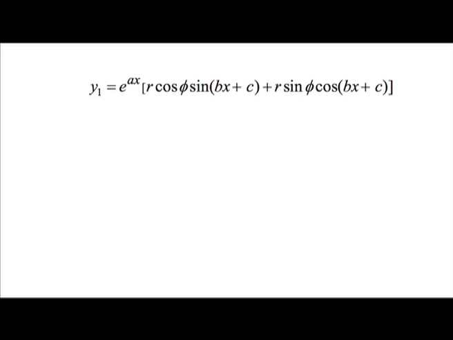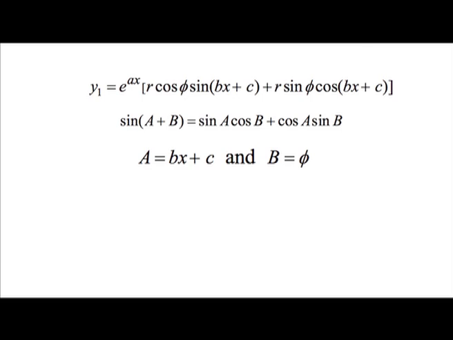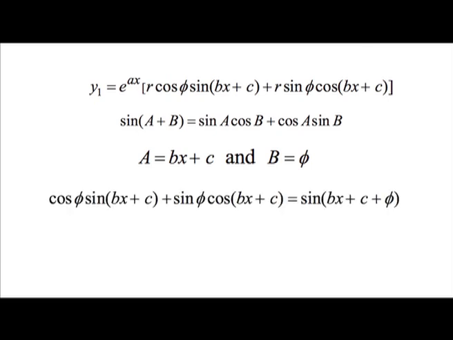Using the trigonometric identity, sin of A plus B equal to sin A cos B plus cos A sin B, and taking capital A equal to bx plus c and capital B equal to phi, we have the identity cos phi sin of bx plus c plus sin phi cos of bx plus c equal to sin of bx plus c plus phi. Thus, y1 equal to r into e power ax sin of bx plus c plus phi.